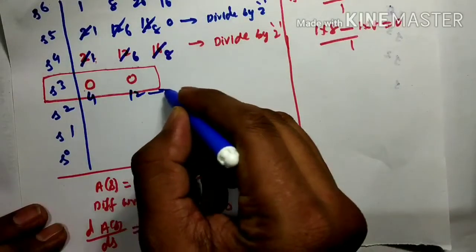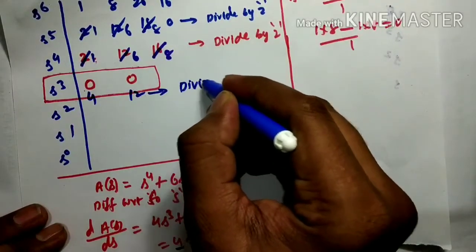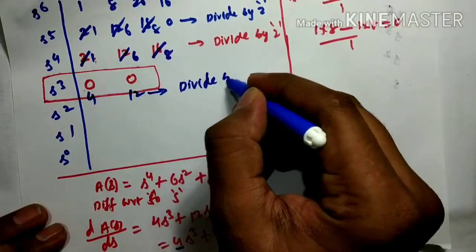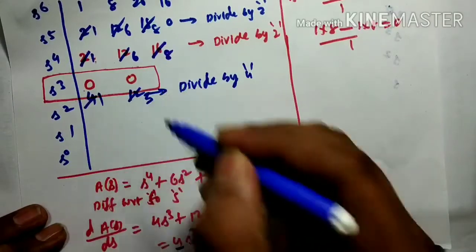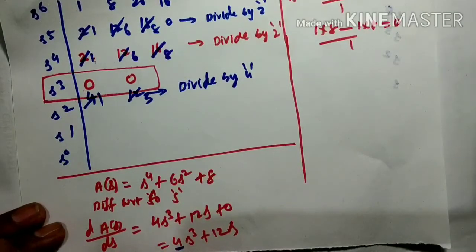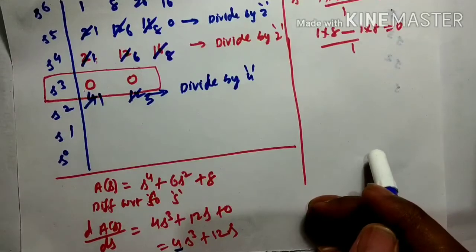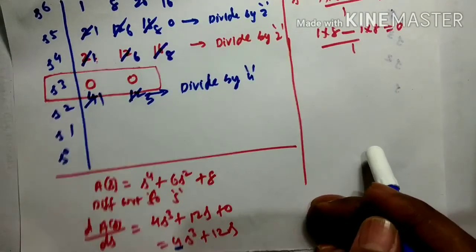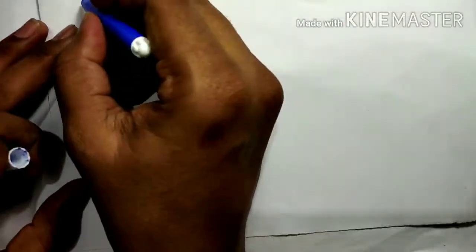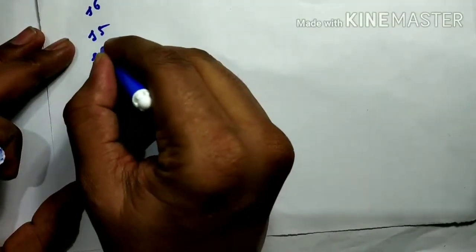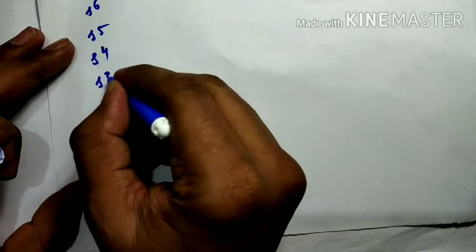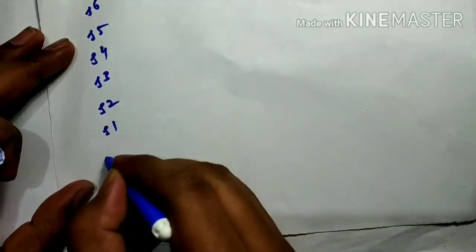Again this can be divided by 4. So what happens? 4 1 ja, 4 3 ja. I'll take a fresh sheet so you can easily understand this. I'm going to write here freshly. s power 6, s power 5, s power 4, s power 3, s power 2, s power 1, s power 0.